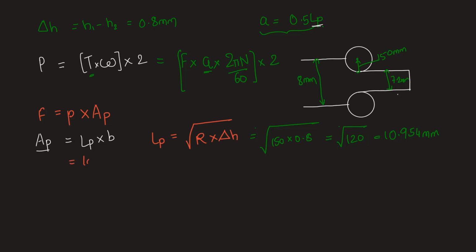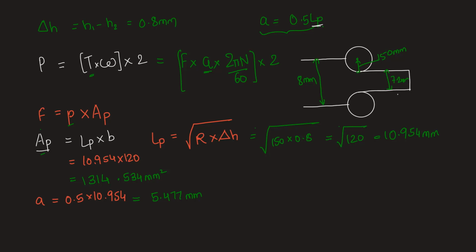Now let's substitute to find AP and A. AP will be 10.954 times 120 and small a will be 0.5 times 10.954. AP turns out to be 1314.534 mm square and A turns out to be 5.477 mm. Now we can put the value of AP here to find F. P already is given as 200.